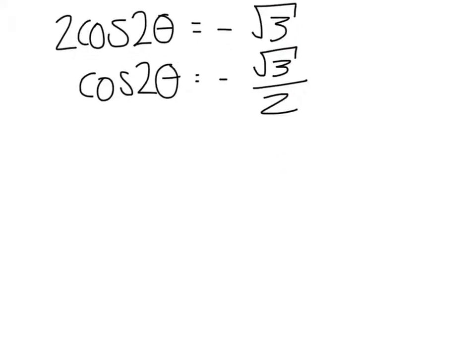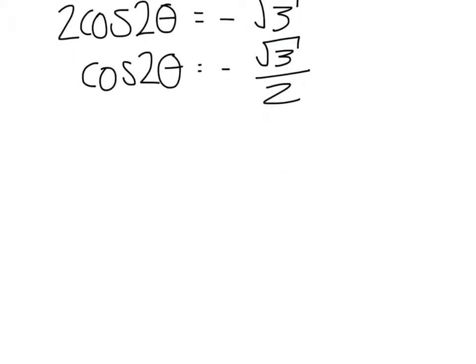So we can use our exact values table here to work out our associated acute angle. Ignoring the negative sign, we know that root 3 over 2 is 30 degrees when working with cos.